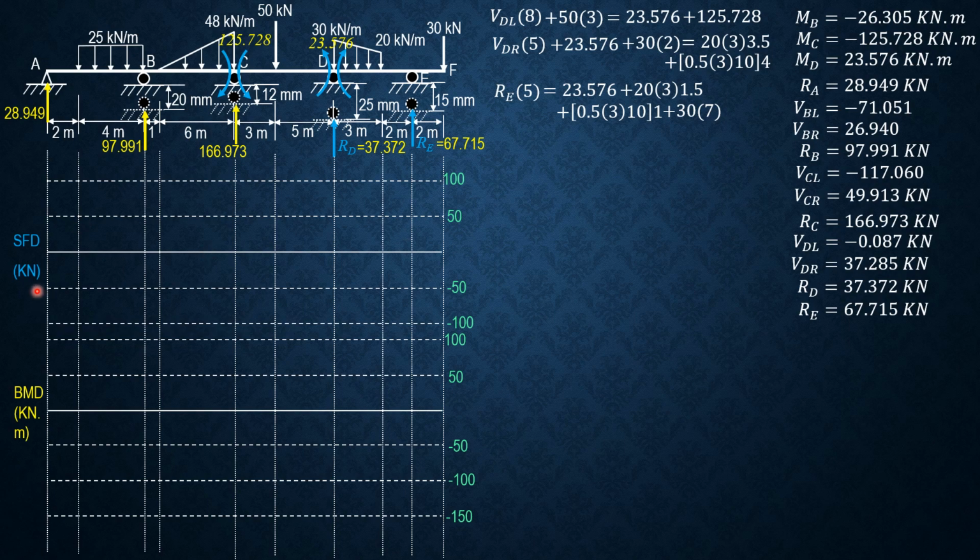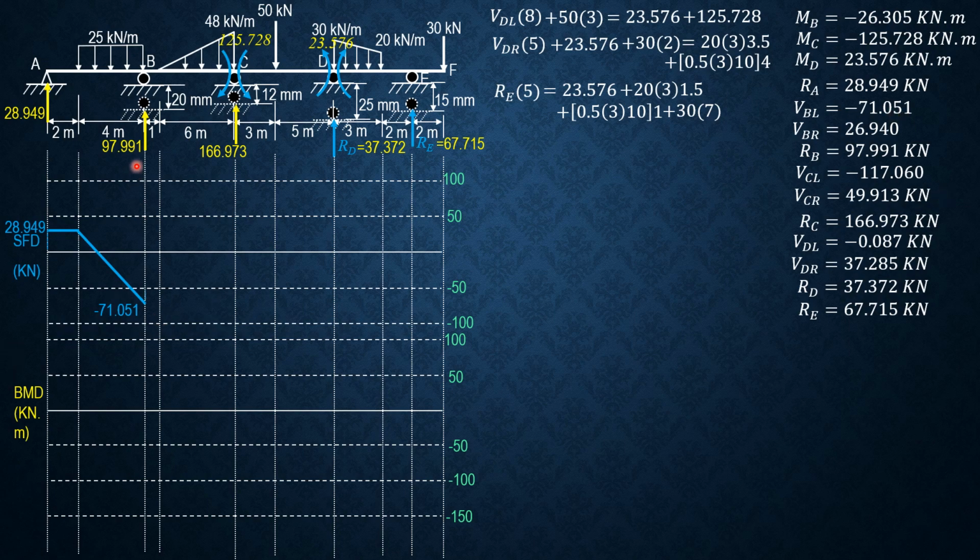So first, from shear force diagram, move up 28.949. Then constant up to here. Then minus 28.949 minus 25 times 4. It's going down. And the ordinate here is negative 71.051, which checks the shear just to the left of B.